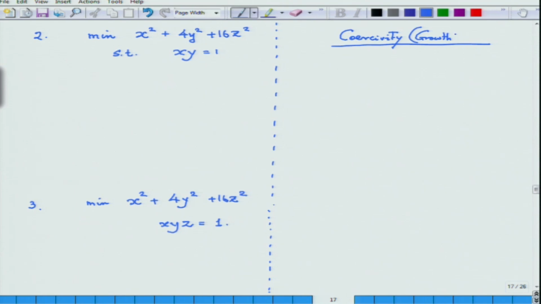It is how the function grows as the norm of the decision vector x becomes larger and larger. The decision vector x, y, z here in this case, or vector x1, x2, ..., xn becomes larger and larger.